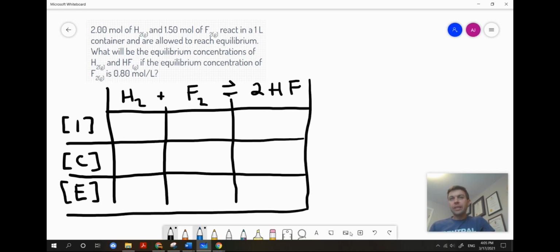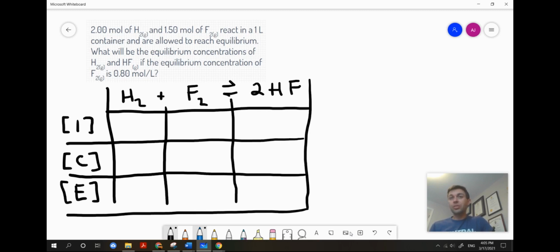Now let's fill in the ICE table with the information that's given in the question. The question tells us that we start off by reacting 2 moles of hydrogen and 1.5 moles of fluorine gas in a 1 liter container. Now, these values here are always concentration. So if we're given amounts, we need to convert those into concentrations. This is easy here because we have a 1 liter container.